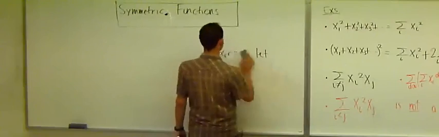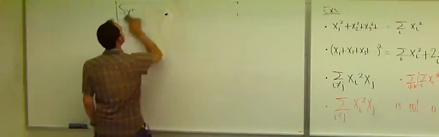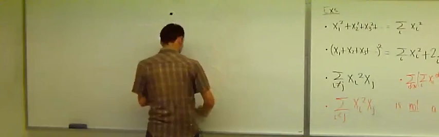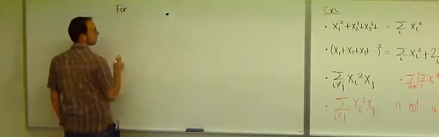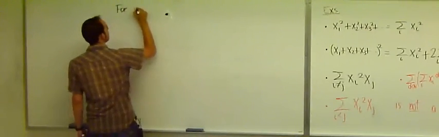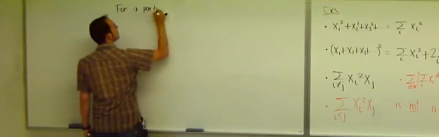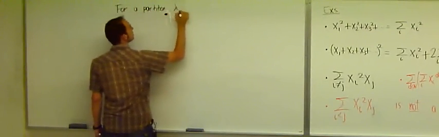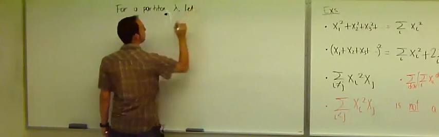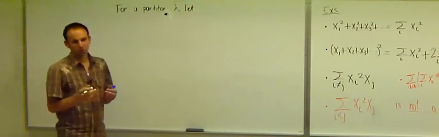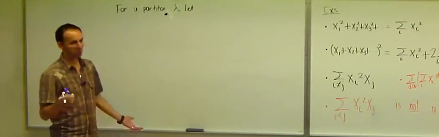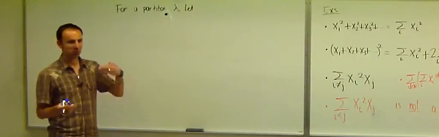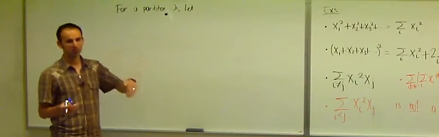Actually, do we know what it is? So if I give you 4, 3, 1, 1, then the monomial that you might define is maybe x1 to the 4th, x2 to the 3rd, x3 to the 1, x4 to the 1.